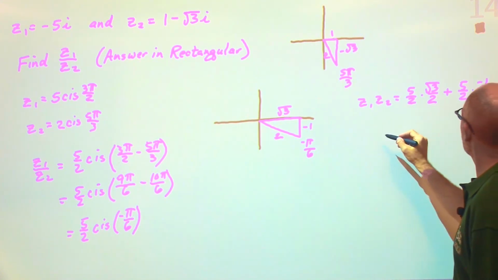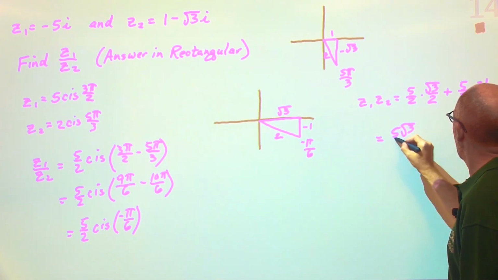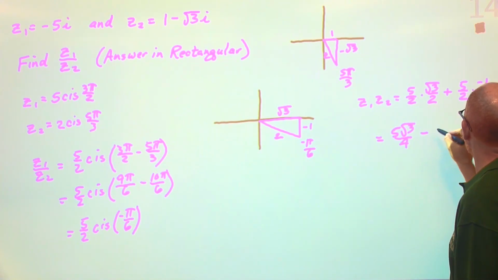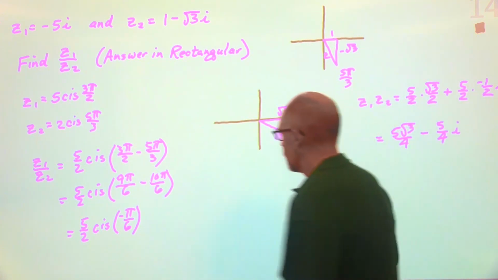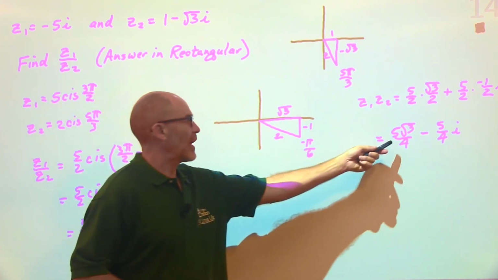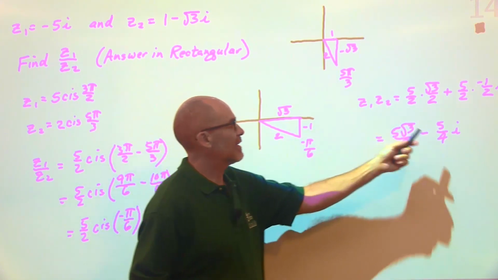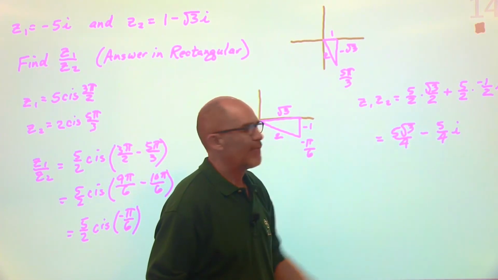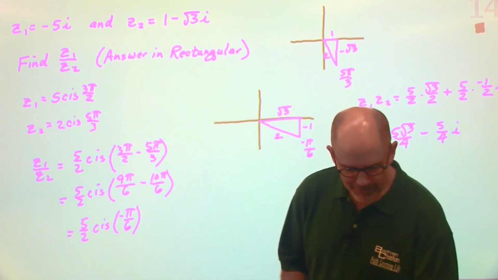So that gives us 5 square root of 3 over 4 minus 5/4 i. Forgot the i there. Okay, so the real component is the right-left, which is 5 square root of 3 over 4, and the imaginary is down 5/4. That's it, piece of cake. Have fun with these.